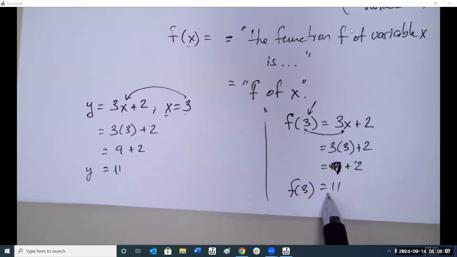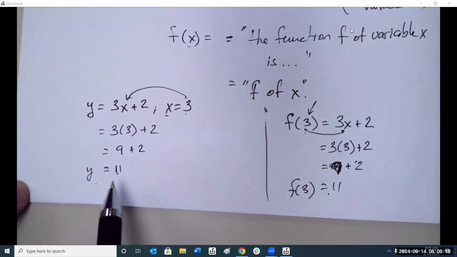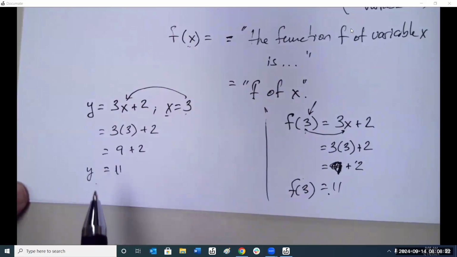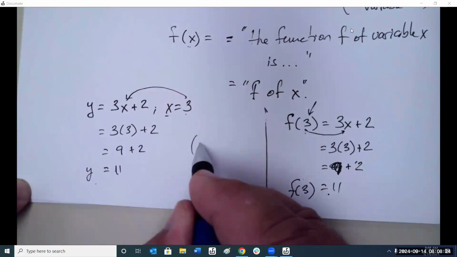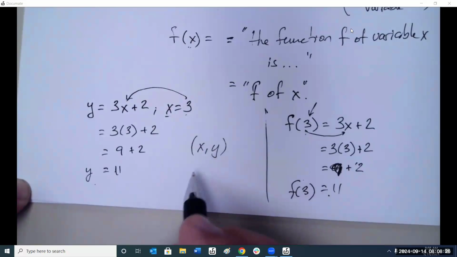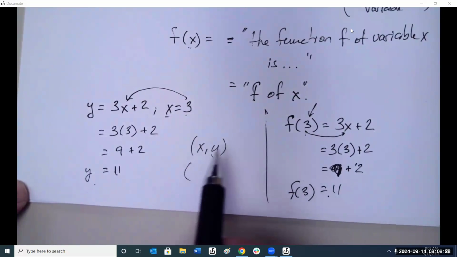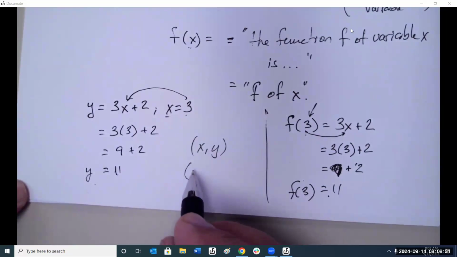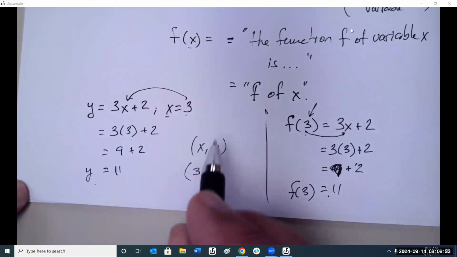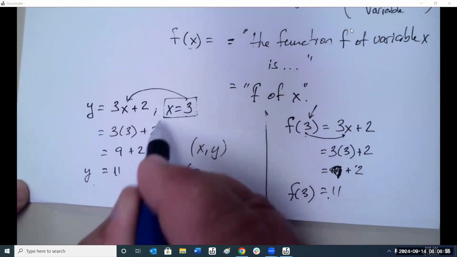What do these represent? When we solve an equation, what does that represent? A point on a graph. So what's the point of this graph? Remember, you have to have an x and a y. So what's the x value? X was defined up here.